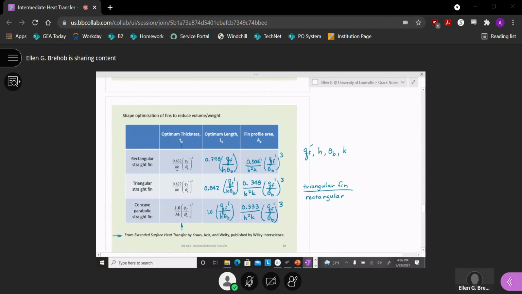All of these other variables are the same, but it would be this ratio of 0.348 over 0.504, and that is 69%.